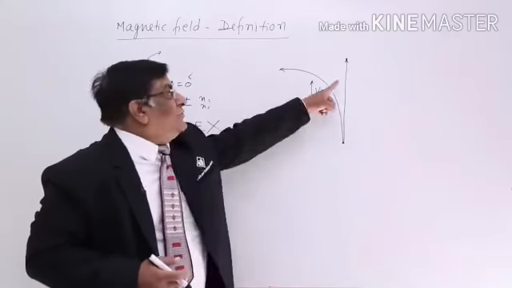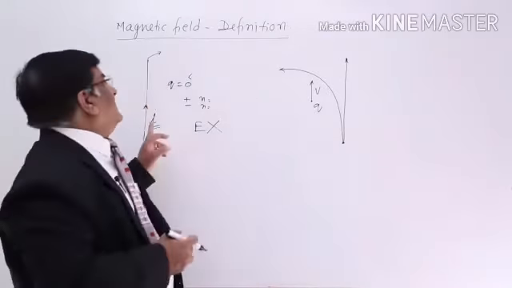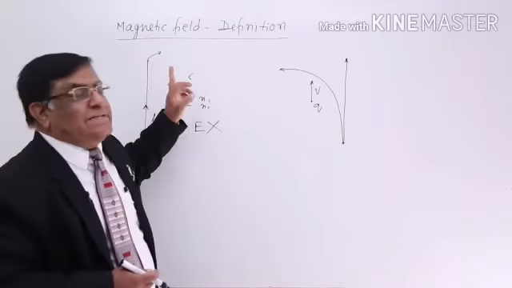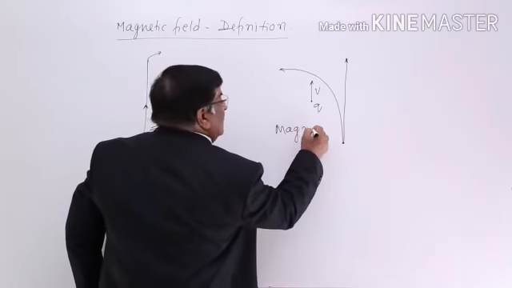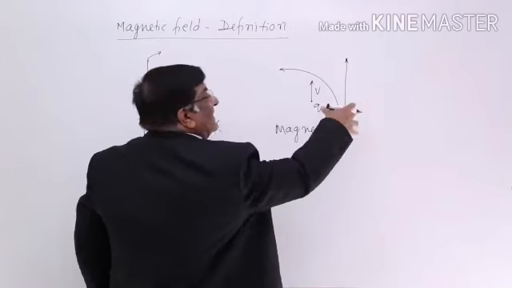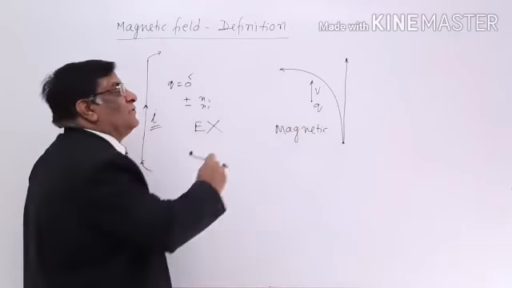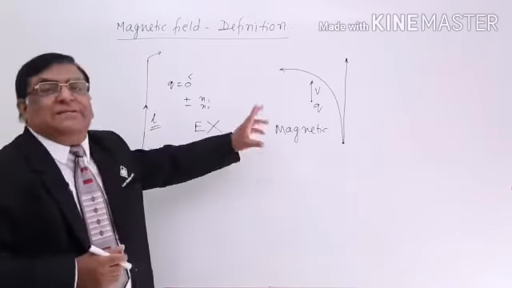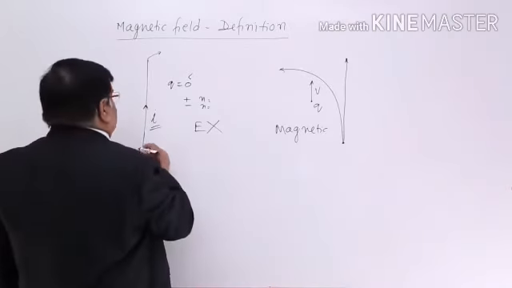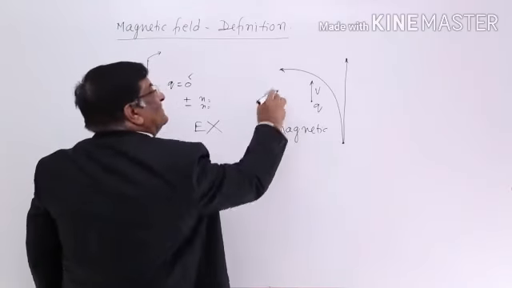We say a force is applied on it, and now this field which is created by this current is called magnetic field, because we have seen that if we place a magnetic needle here, that magnetic needle also moves. So that is proof that the field created by electric current is magnetic field. Now what we see, when electric current flows here, it changes the direction.